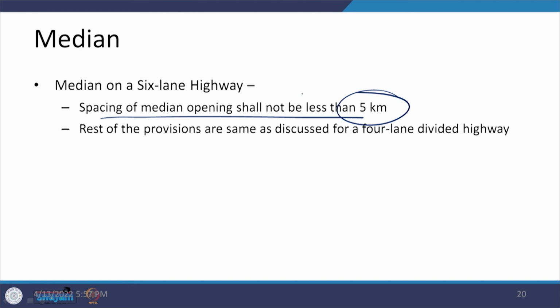In the case of 4-lane it was 2 kilometers. The rest of the provisions we discussed for the 4-lane divided system, like the 0.6 meter strip on the side towards the depressed median or bushes or anti-glare systems, are the same here too.